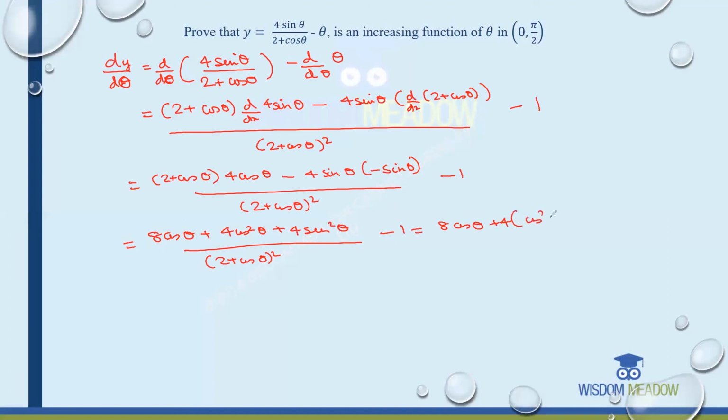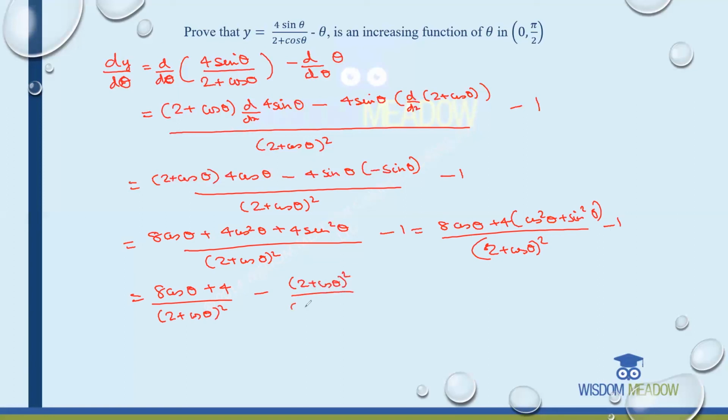So cos square theta plus sine square theta, which is 1, so it's going to be 8 cos theta plus 4 over 2 plus cos theta, the whole square, minus 1. Make the denominator same, I can multiply 1 with 2 plus cos theta, the whole square, over 2 plus cos theta, the whole square. I'm trying to make the denominator same.